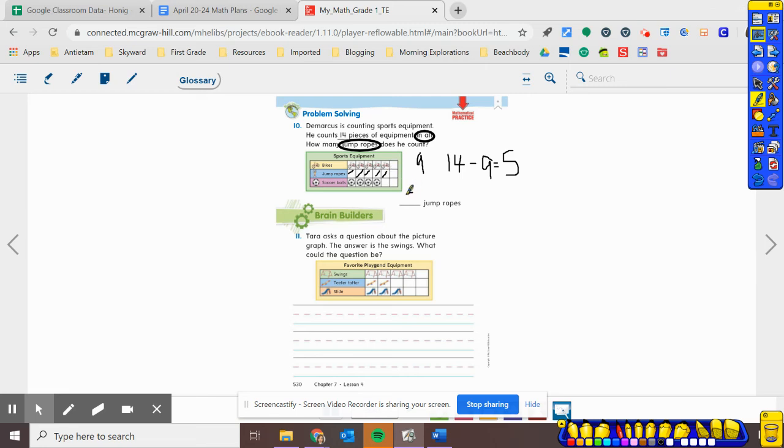And then I can write my answer of 5 on the line. So please do those two things. Pause if you need more time. Unpause when you're ready to move on.